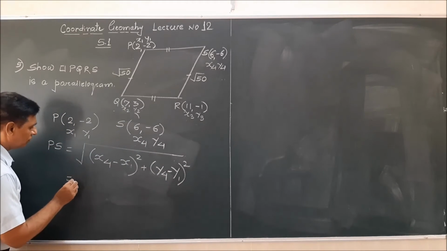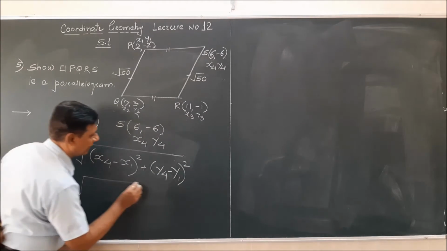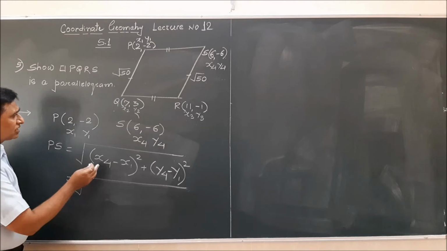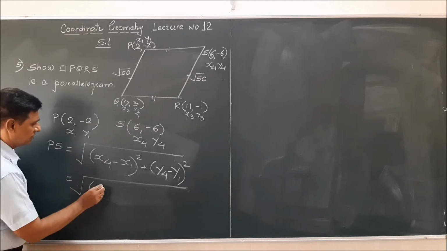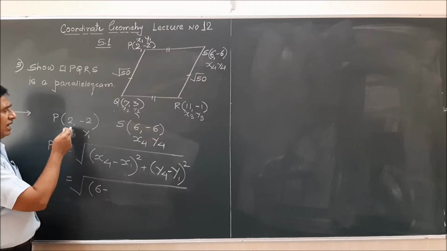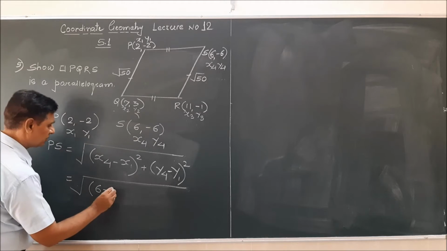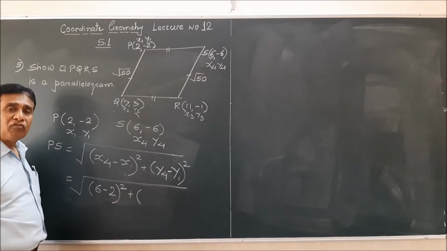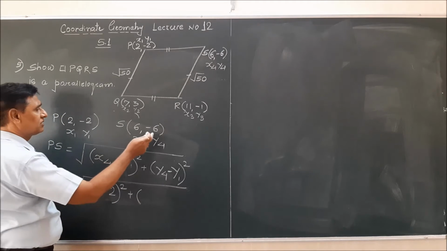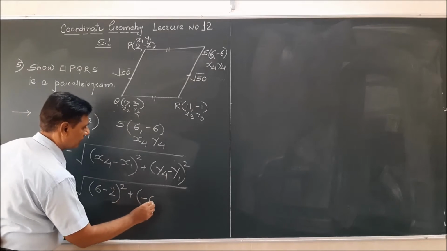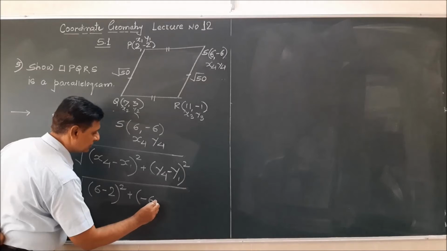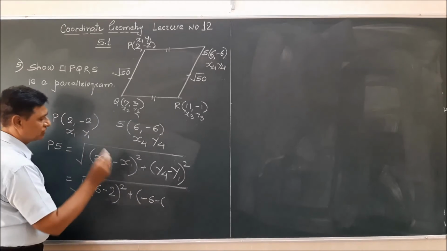Okay, now what do we do? We substitute the values. By substituting the values, x4 is 6 minus x1 is 2. 6 minus 2 the whole square plus y4, you will find it as minus 6, minus y1. So minus of minus 2.